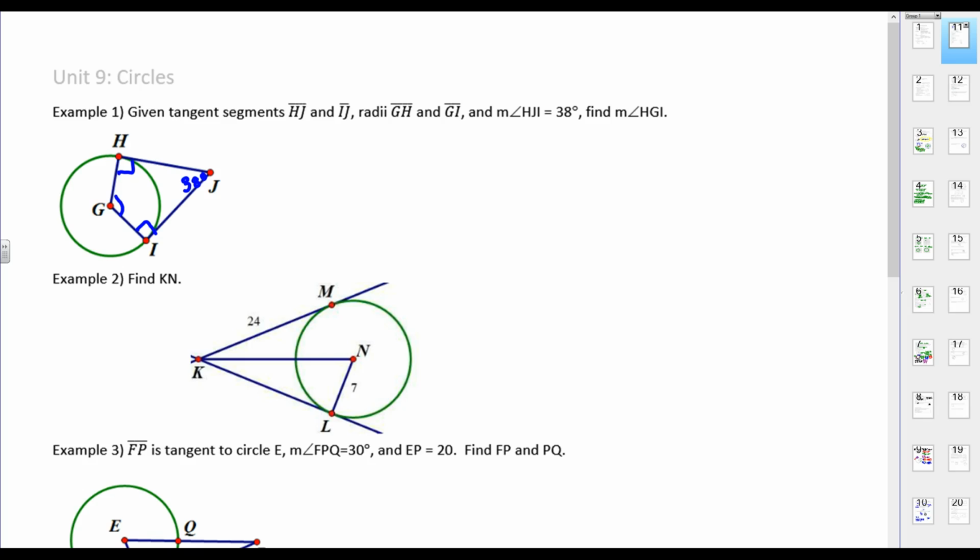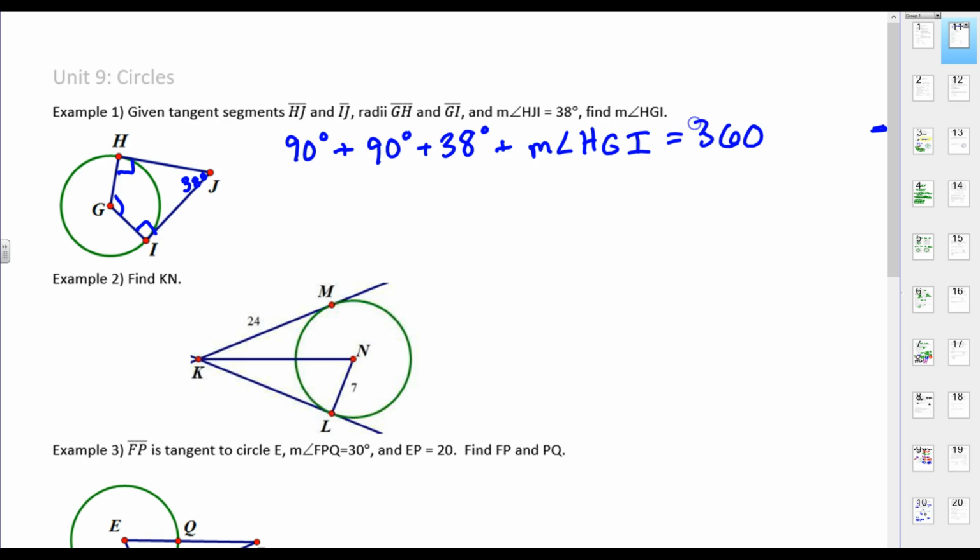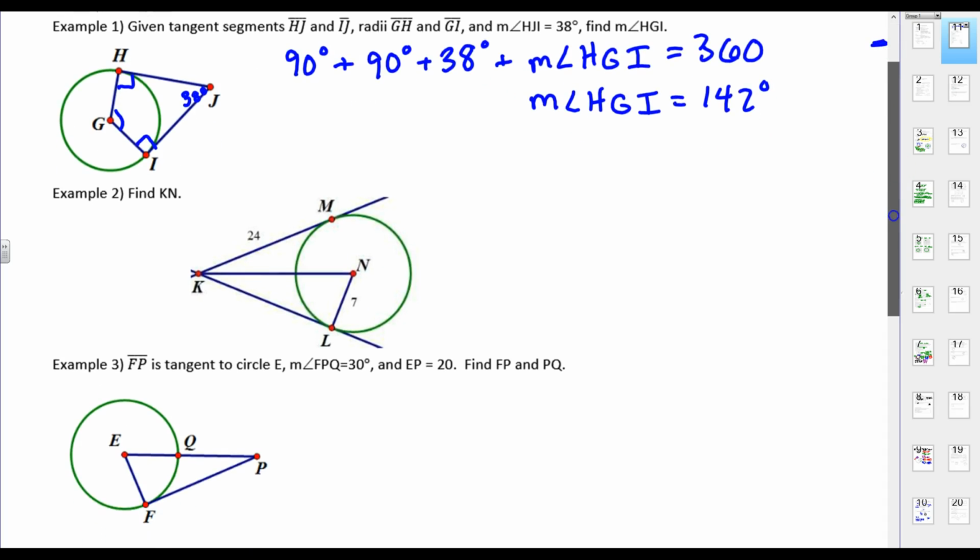And at this point, this figure here is really a kite. It's a quadrilateral, which means that the two 90-degree angles and that 38-degree angle, plus the measure of my missing angle, HGI, must all add to 360 degrees. Therefore, when I add them and subtract, I get that the measure of HGI ends up being 142 degrees. So it's one of the ways I can use tangents.